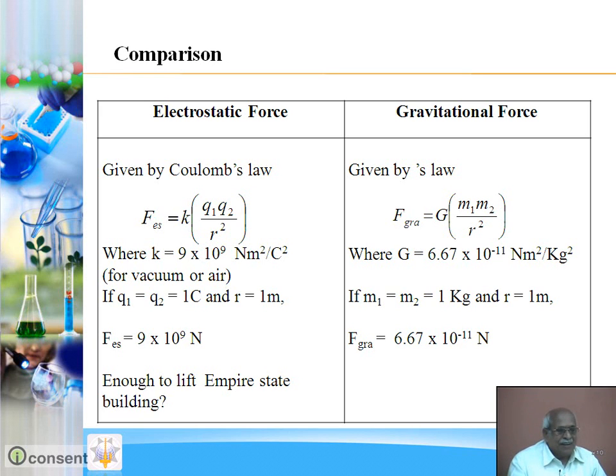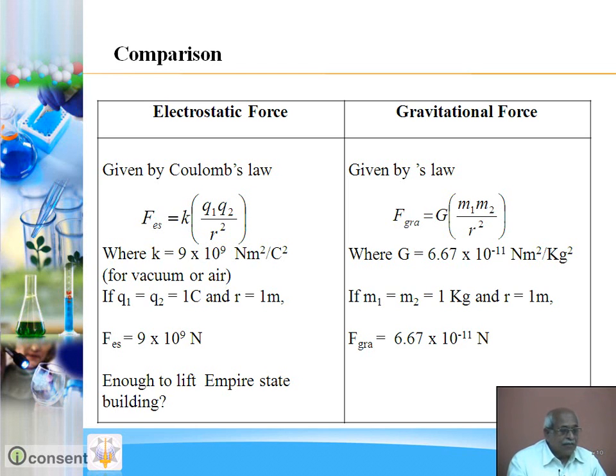I hope you know that the gravitational force of attraction between any two bodies is given by Newton's law of gravitation. The equation for Newton's law is F, that is gravitational force. So I have written here F gravitational. F gravitational is proportionality constant G multiplied by m1 m2 upon r square.